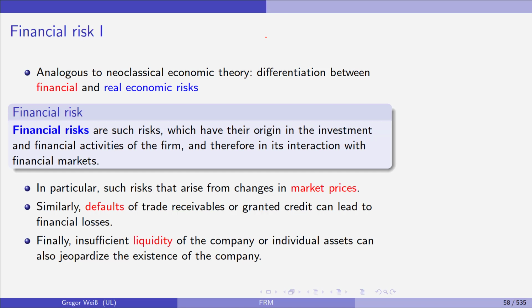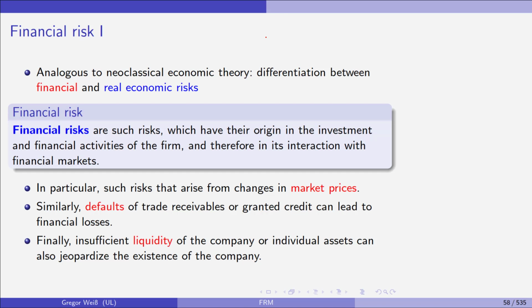In particular, these might arise from changes in market prices. For financial institutions, obviously, they will arise based on our credit engagement. If we have given out loans, if we've originated loans as a bank, then of course these loans can default and this will constitute credit risk. And finally, any company can get to a situation where it has insufficient liquidity to pay back all its short-term liabilities, its short-term bills.